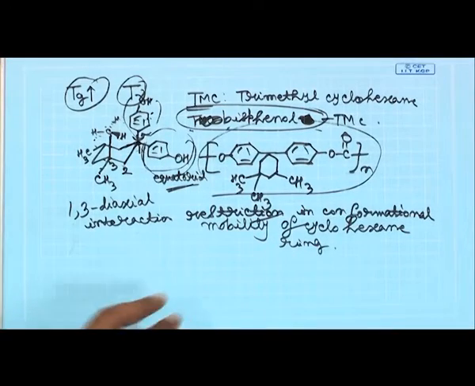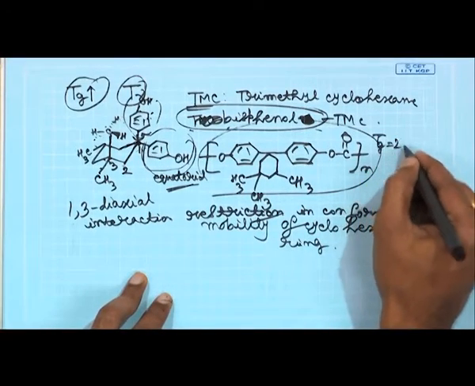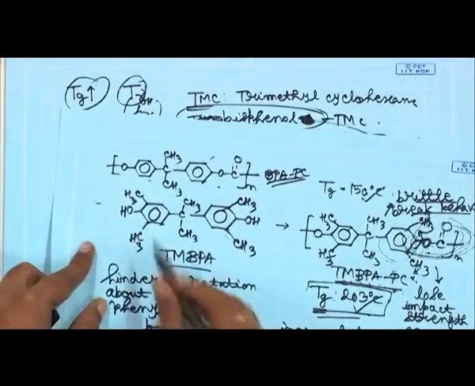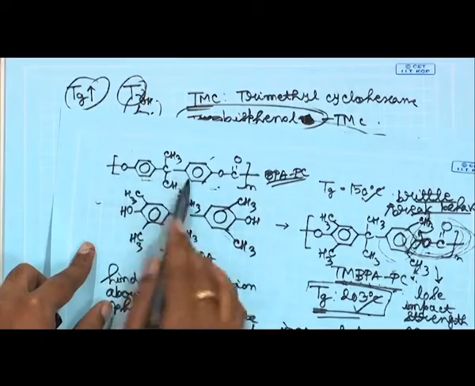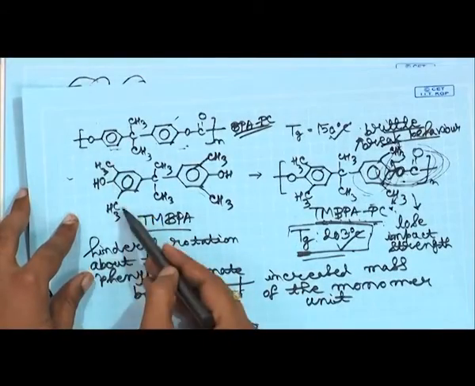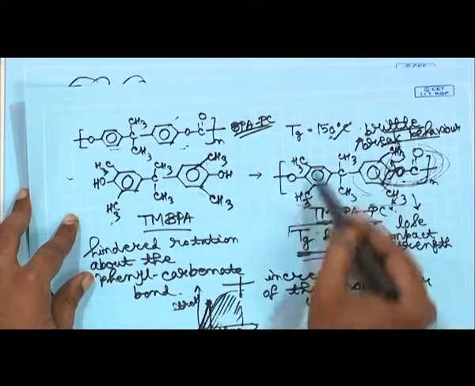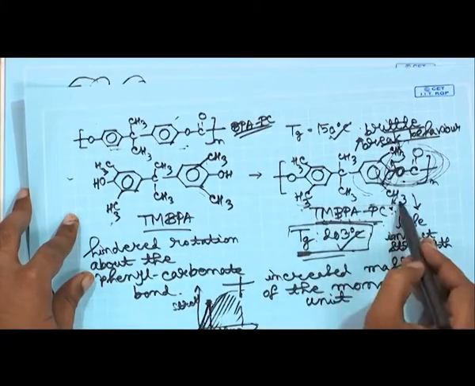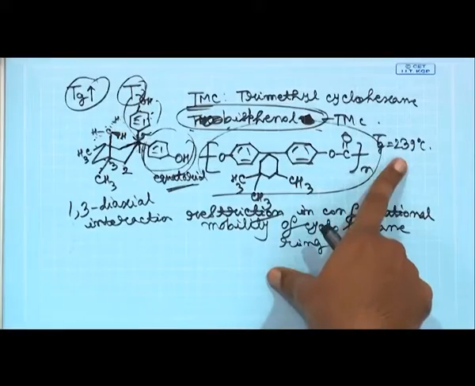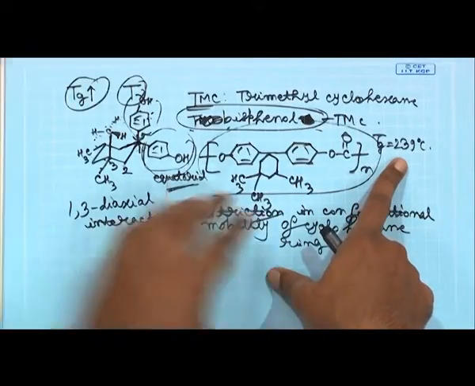In fact, the Tg goes up to 239 degree Celsius. So, if you compare that with your parent bisphenol A polycarbonate, the Tg is around 150. So, huge increase. If you compare that with your tetramethyl substituted bisphenol A polycarbonate, this was only 203 degrees, 53 degrees Celsius increase. Here it is almost 100 degrees Celsius increase. So, your Tg has increased.